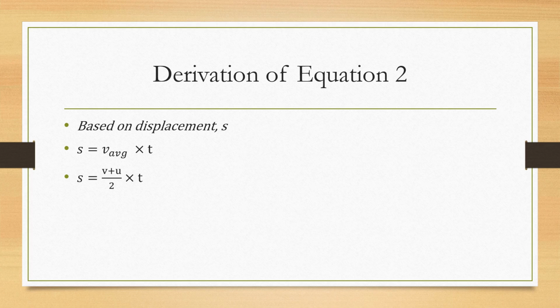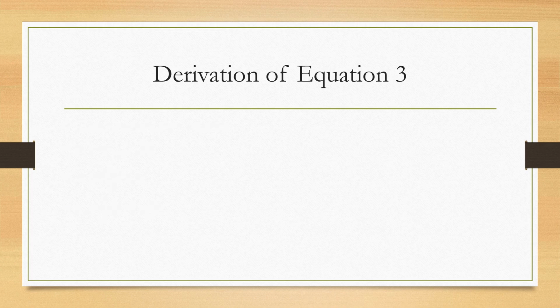Then we can arrange this equation into the final form, which is s equals one over 2 (v plus u) t.